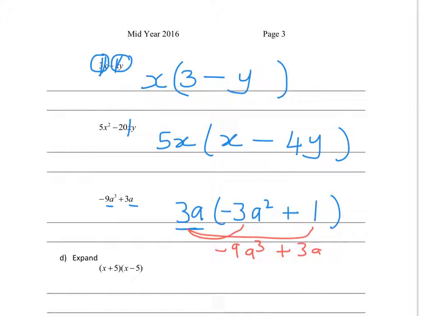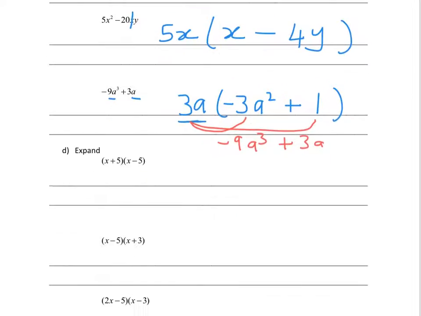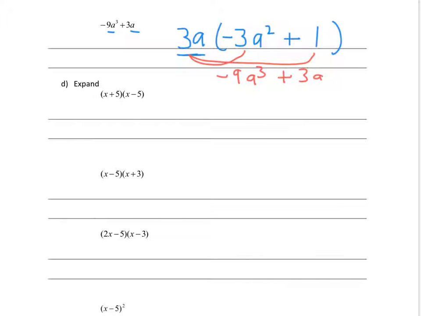The next part is expanding when we have two brackets. This is a quadratic, so expanding with two brackets, we use FOIL, front, outer, inner, last, the way we multiply the terms.